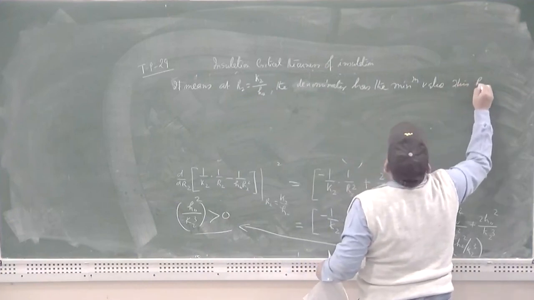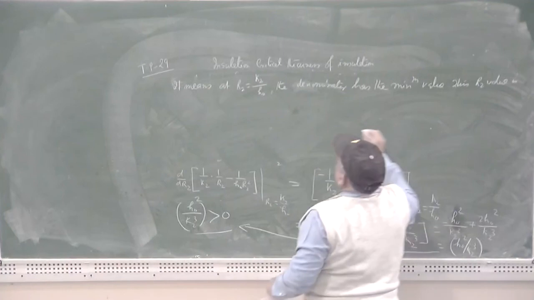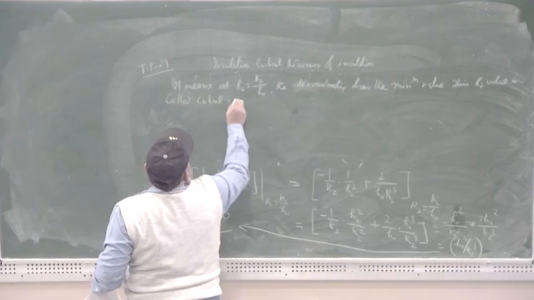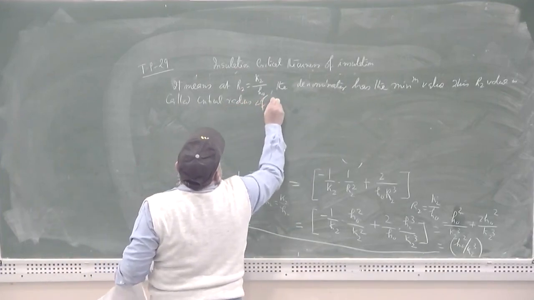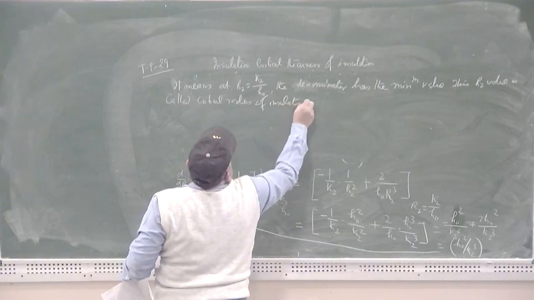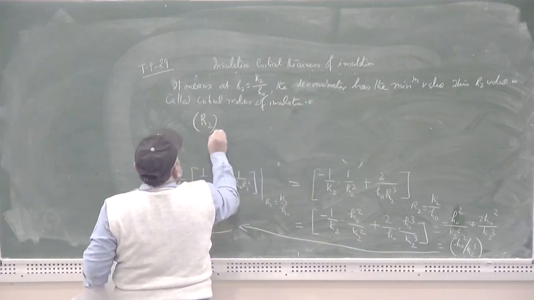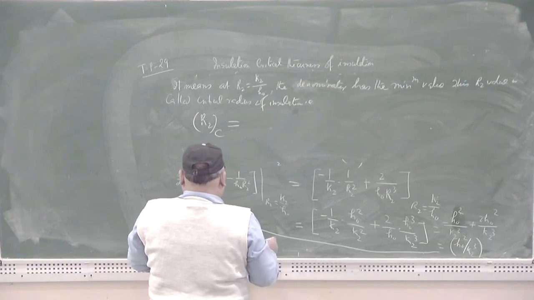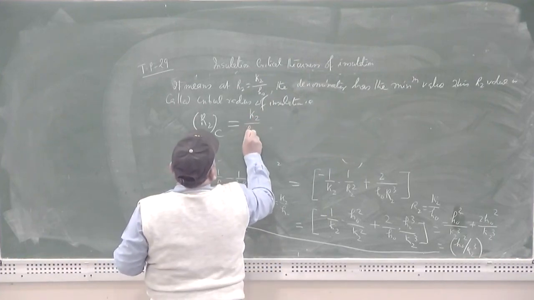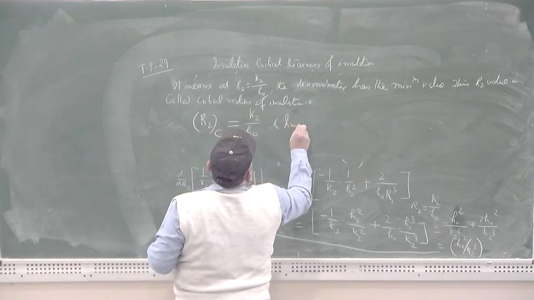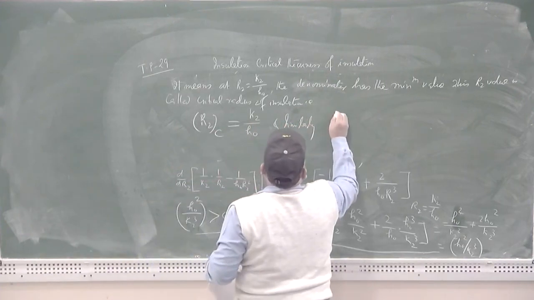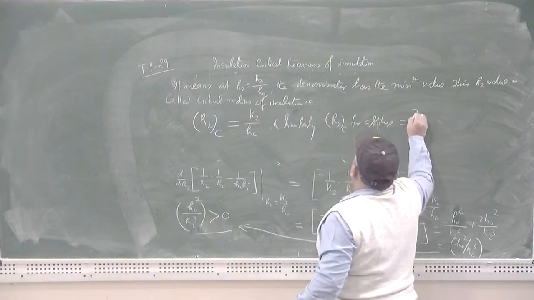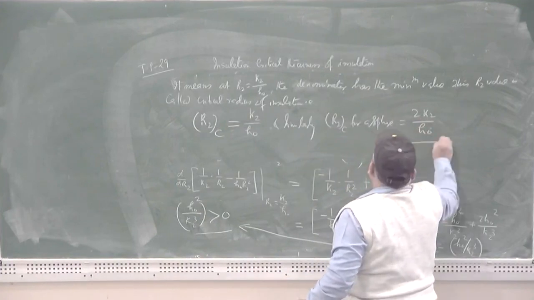This R2 value is called the critical radius of insulation, that is R2 critical, that is equal to K2 upon h0. K2 upon h0. And similarly, for the R2 critical value for a sphere, you derive yourself, that is equal to 2 K2 upon h0.